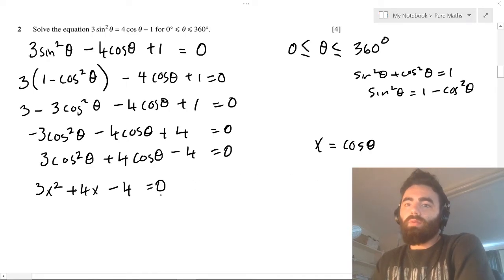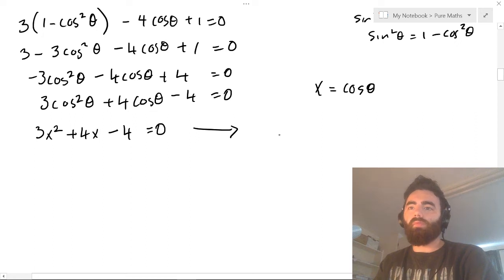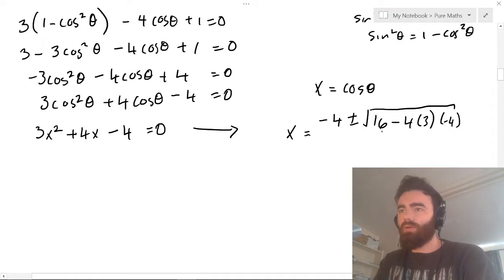So we can use our quadratic formula. So our x equals minus b, which is minus 4, plus or minus the square root of b squared, which is 16, minus 4a, which is 3, times minus 4, divided by 2 times a, which is 3.